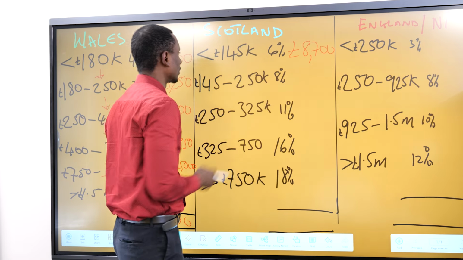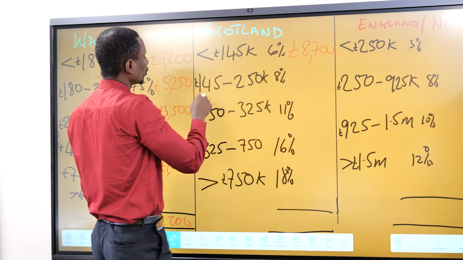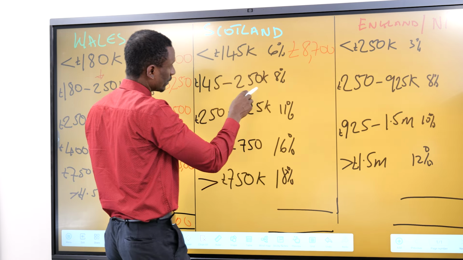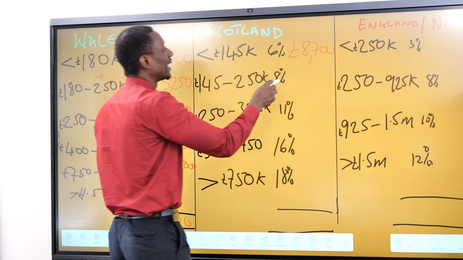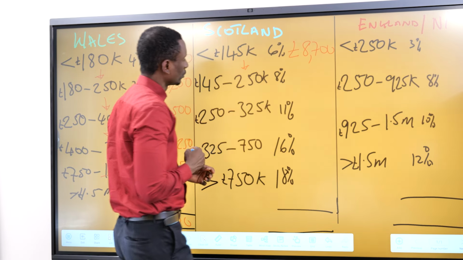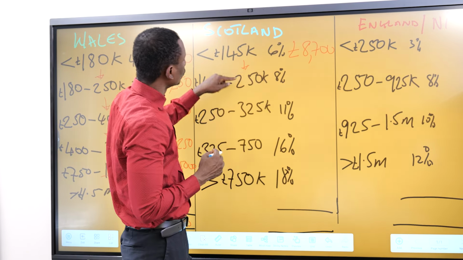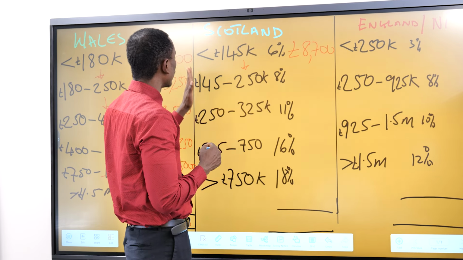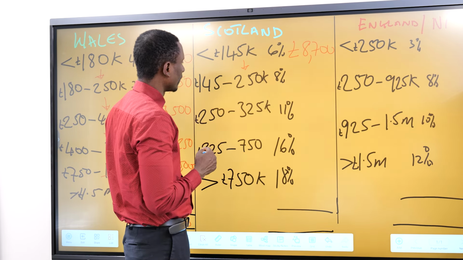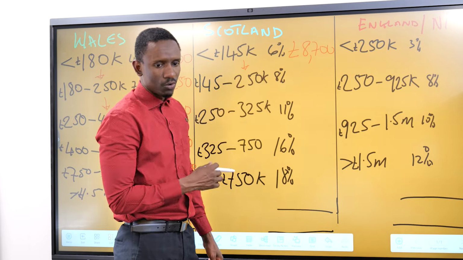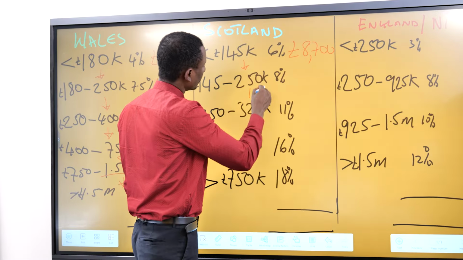So the next part, any property between the price range of £145,000 to £250,000 pays 8% tax. That is the additional amount you would have paid. The difference between £250,000 and £145,000 is what you would have paid the 8% on, which would have been £105,000.